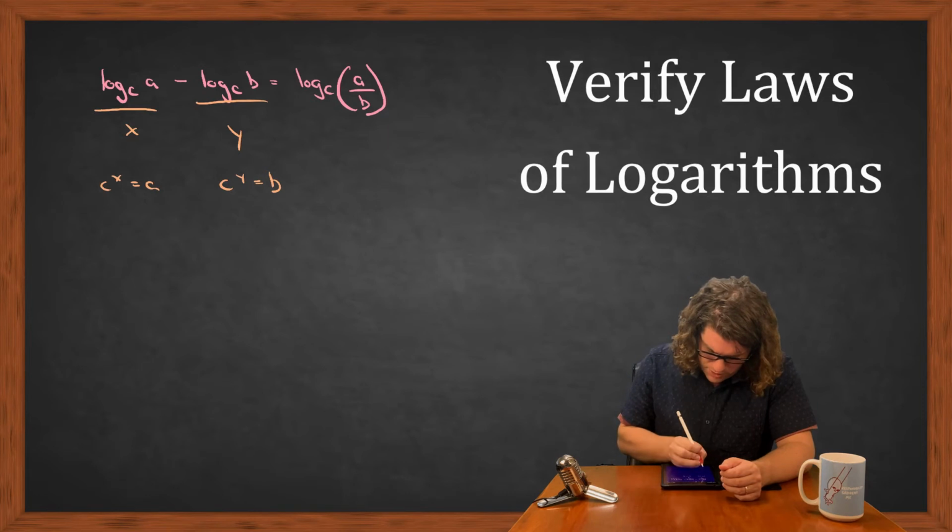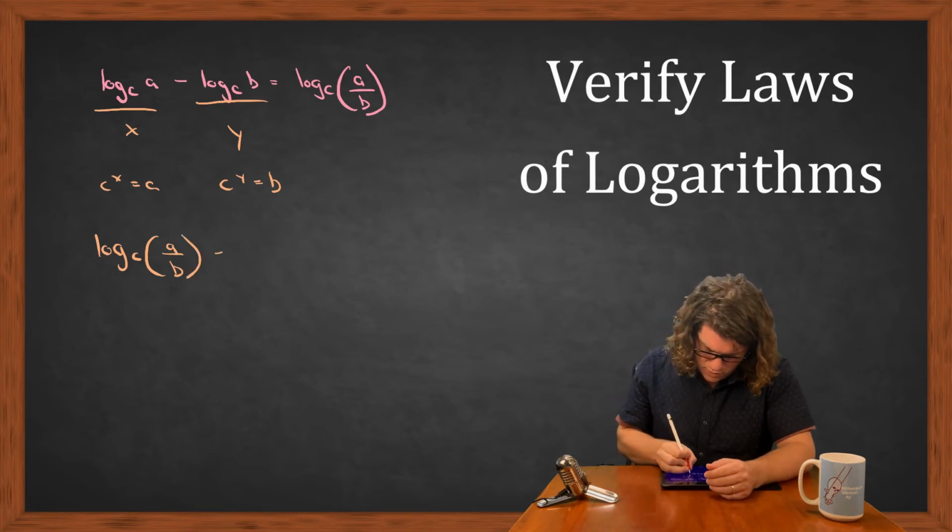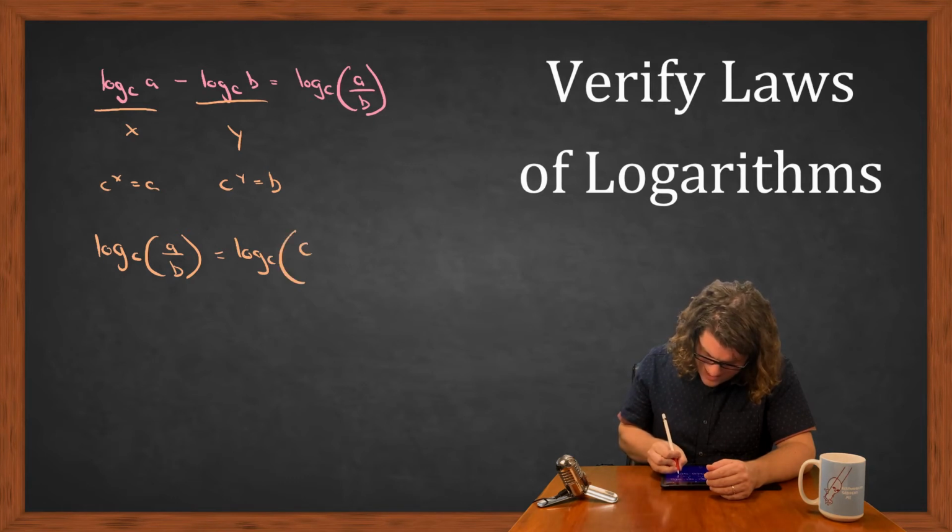And so we're going to start on the other side by saying, let's start with this original expression. Log base c of a over b would be equal to log base c of c to the x divided by c to the y.